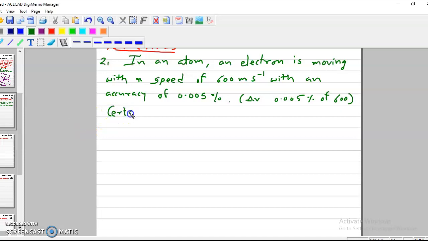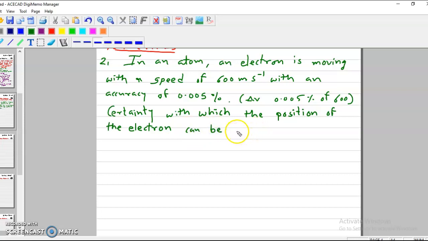The certainty with which the position of the electron can be located is blank.